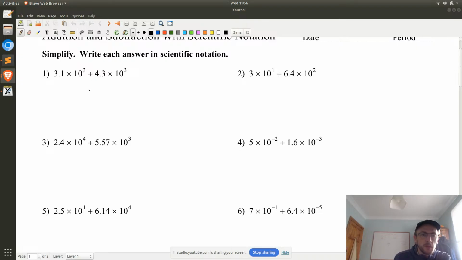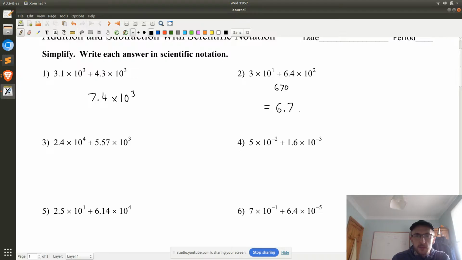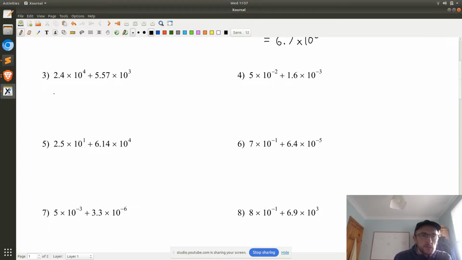3.1 plus 4.3. There. So 670 in standard notation, which is 6.7 times 10 to the 2 in scientific notation. $24,000 plus 5,570 in standard notation.